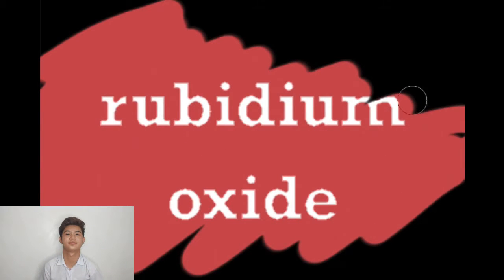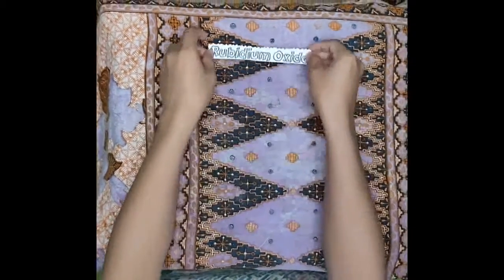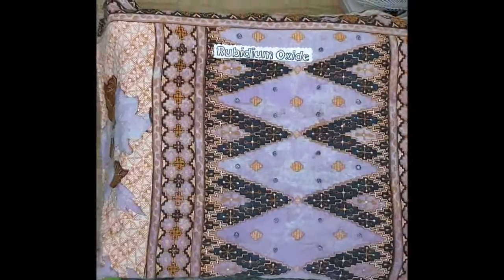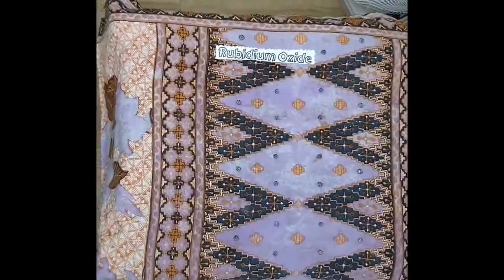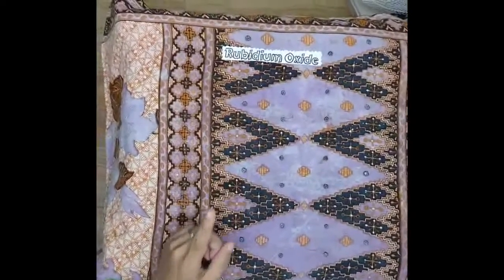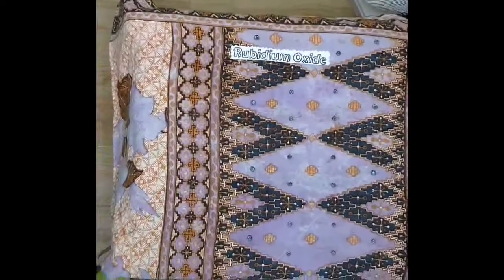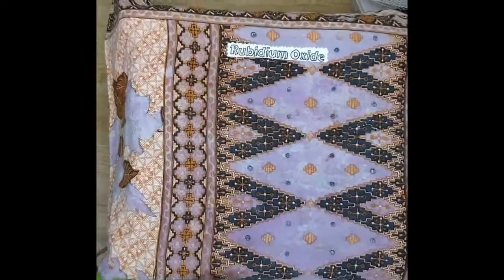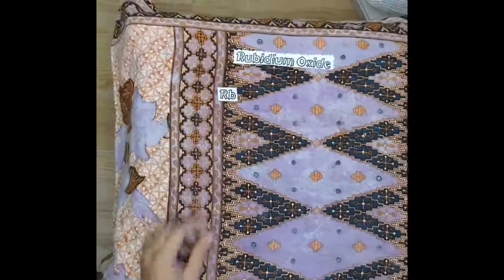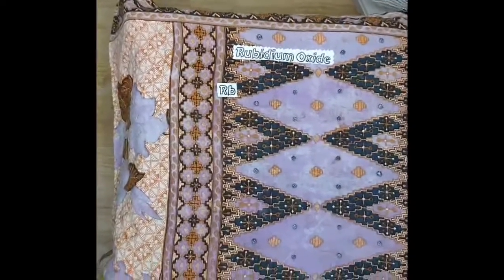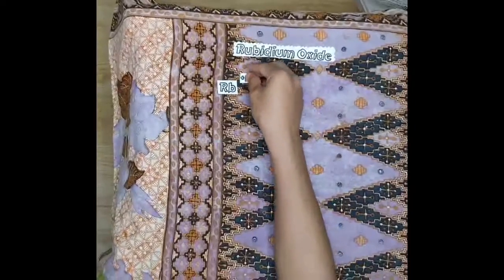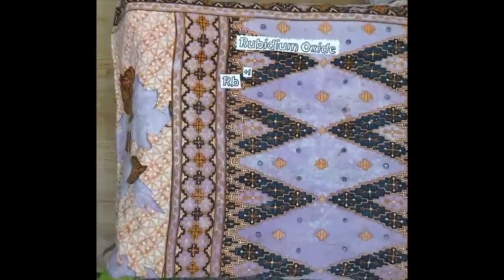Next, let's find the chemical formula for rubidium oxide. To find the chemical formula of rubidium oxide, find the symbol of each element in the periodic table of elements. Rubidium has a symbol of Rb, and its oxidation state is +1.